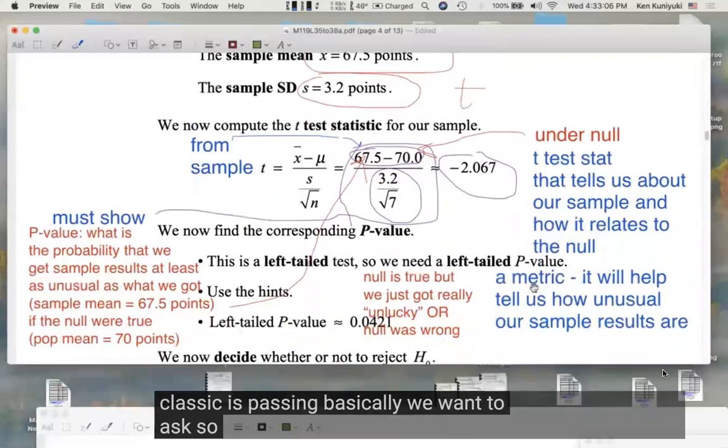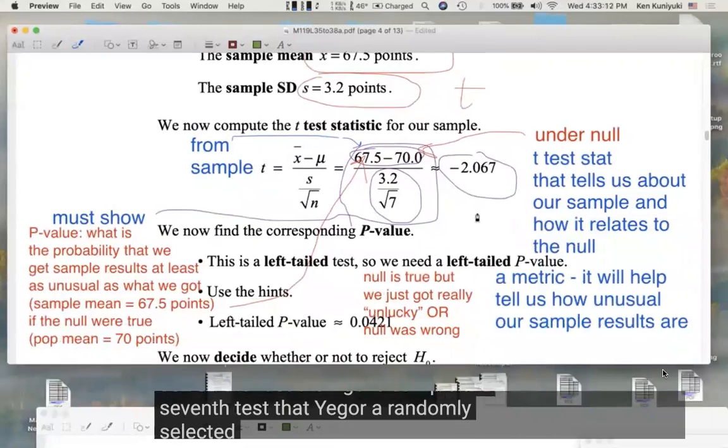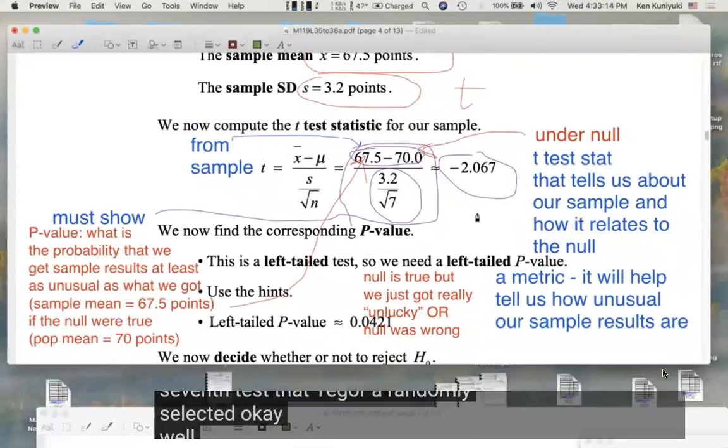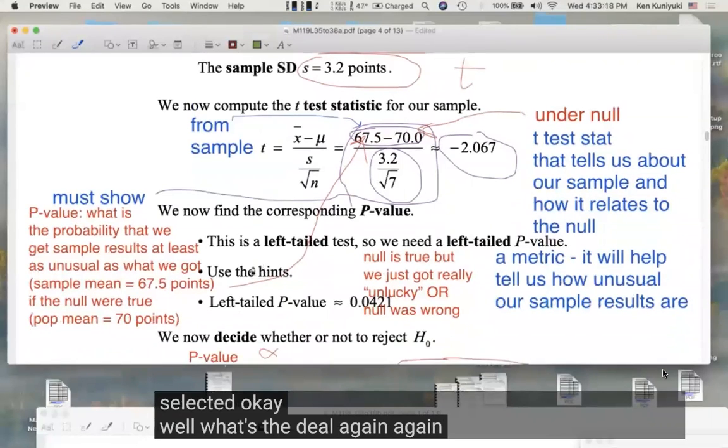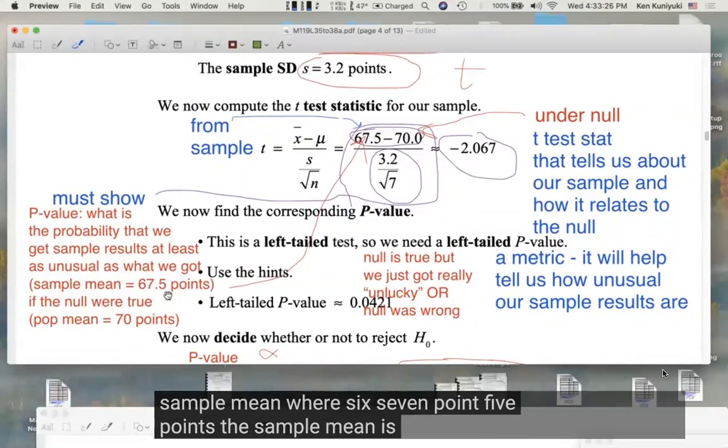How unusual would the 7 tests that Igor randomly selected be, given that the sample mean is 67.5 points, a bit on the low side?